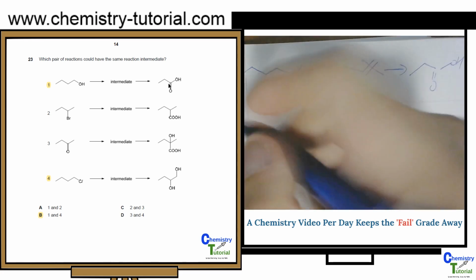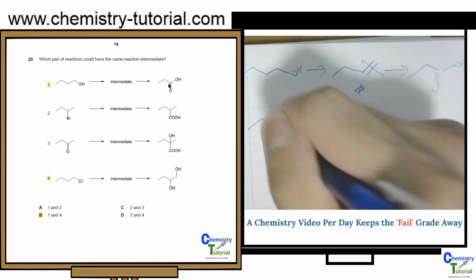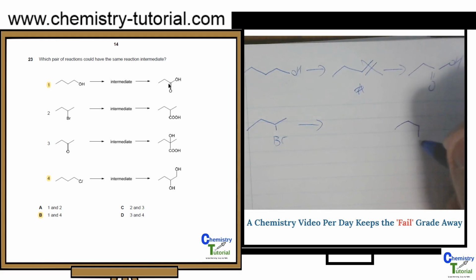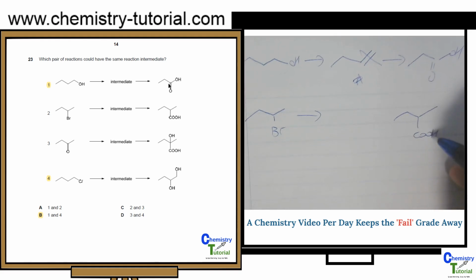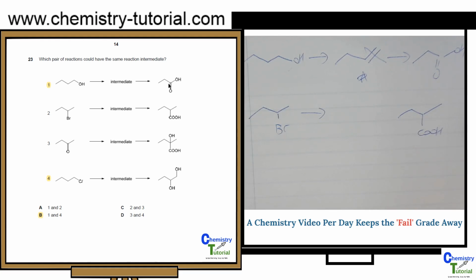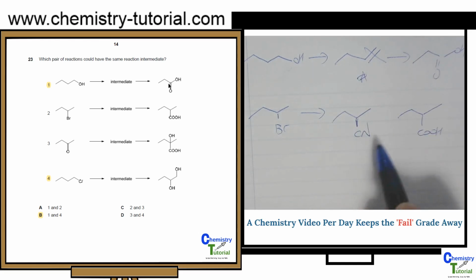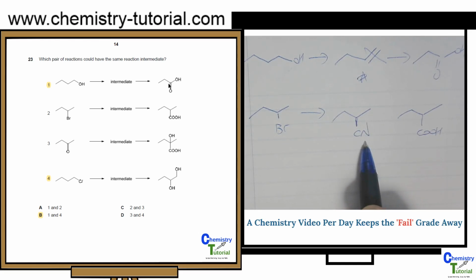Now for reaction 2, it will be Br. Then what we have is a COOH. To get a COOH, that means actually what we have is a hydrolysis of a nitrile. You have a nitrile here. So what we have is KCN in ethanol, heat, to give you a nitrile, followed by acid hydrolysis using dilute H2SO4, heating, to give you a carboxylic acid.